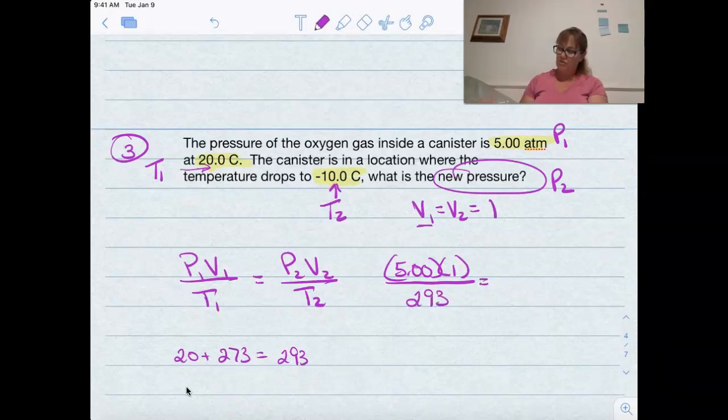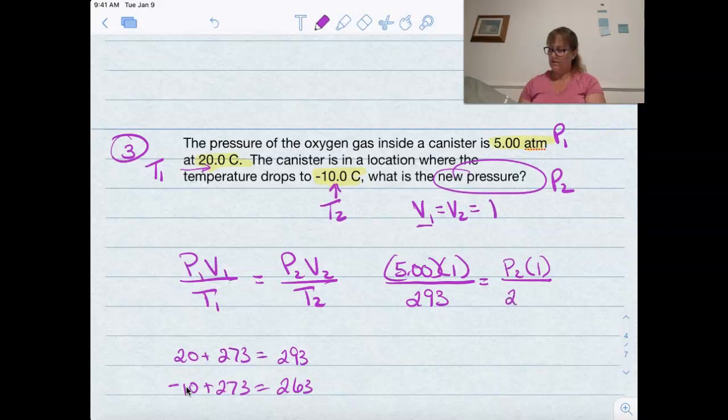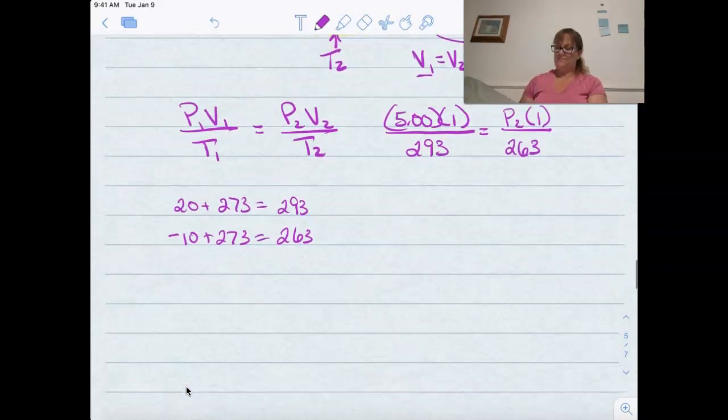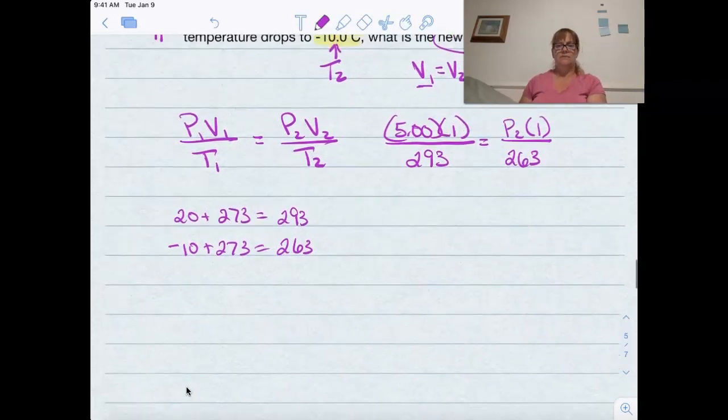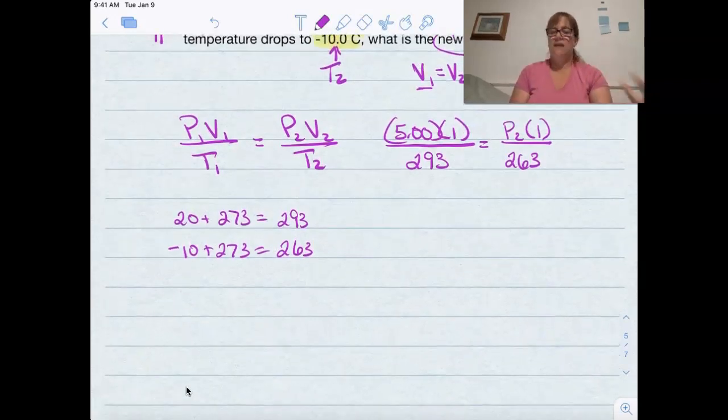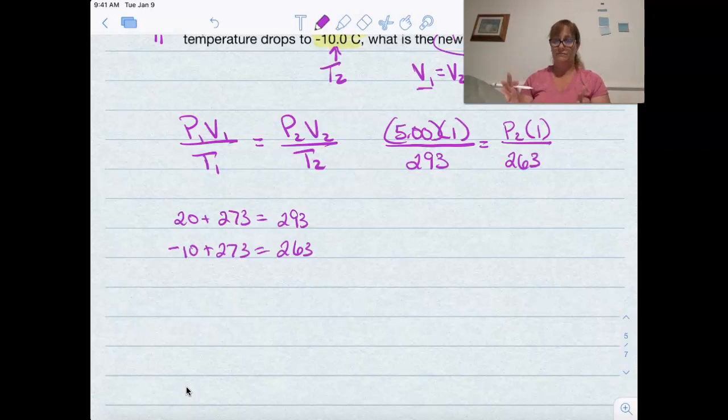Our P2, that's what we're trying to find, times our V2 is a 1, and our T2 is a negative 10 degrees plus 273, which equals 263 for our P2. So now we have to solve for P2. Anything multiplied by 1, divided by 1, it just is itself, so we don't have to quite calculate that.